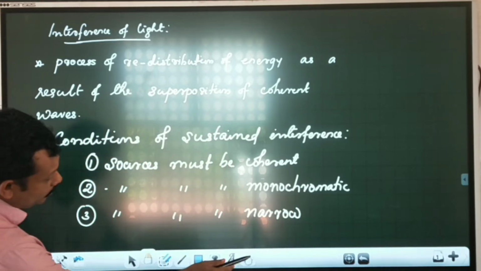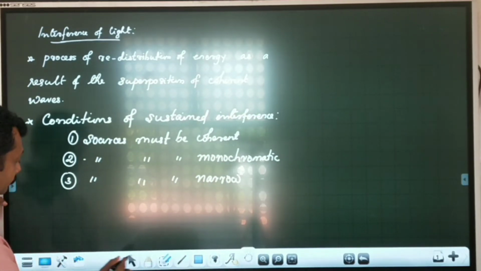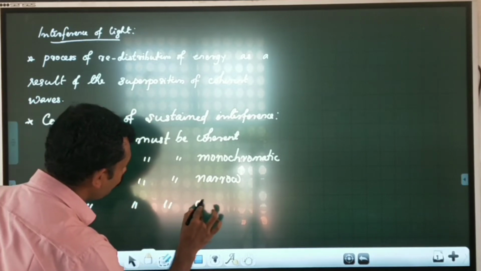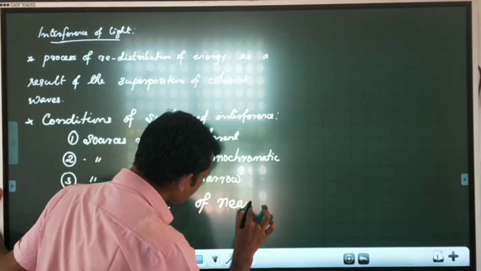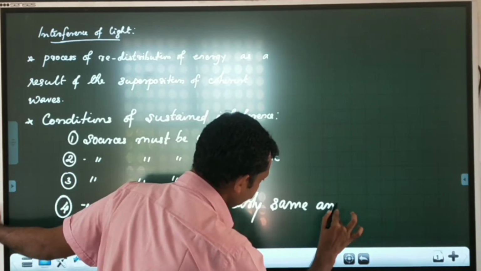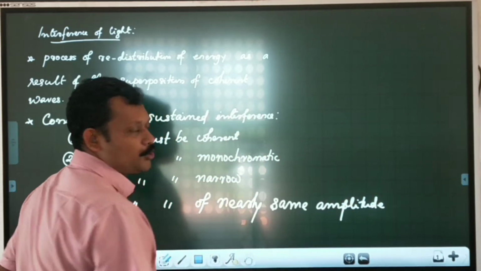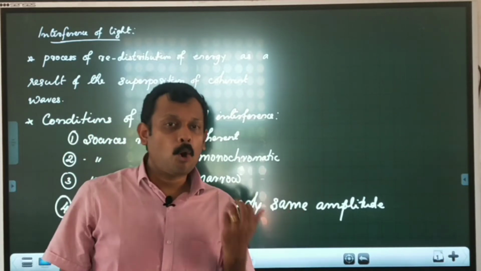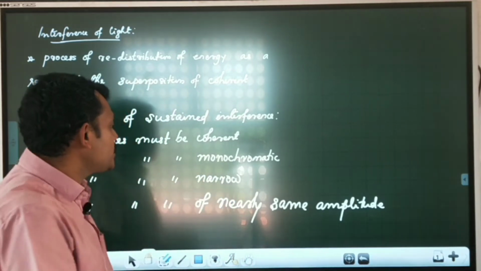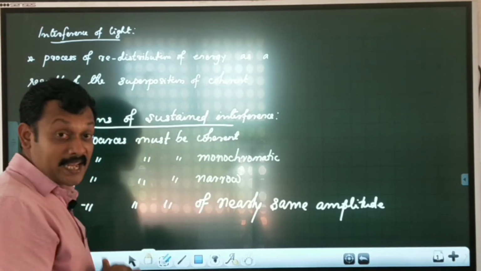The fourth condition is that sources must be of nearly the same amplitude, to obtain a contrast between bright bands, which is maximum, and dark bands, which is minimum. So these are the most important conditions of sustained interference.